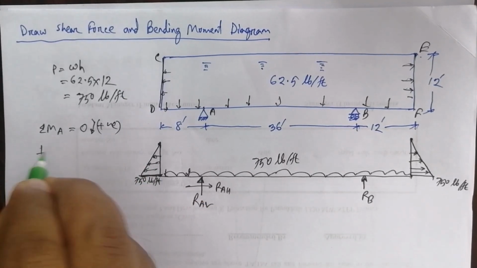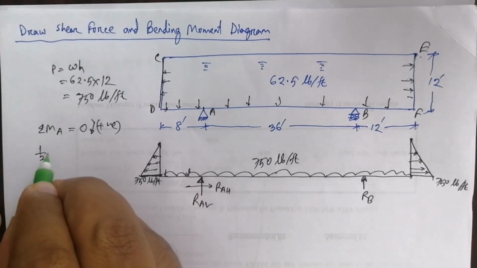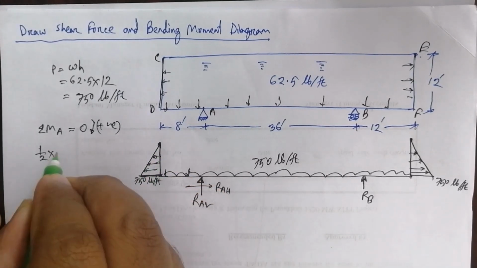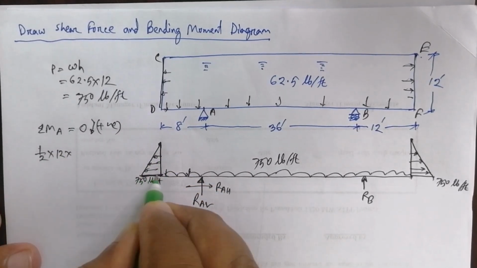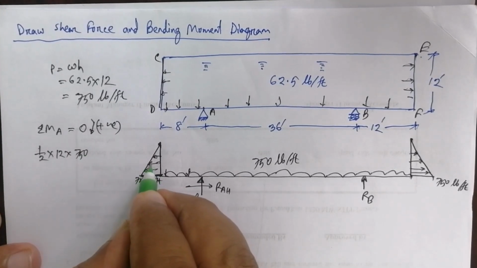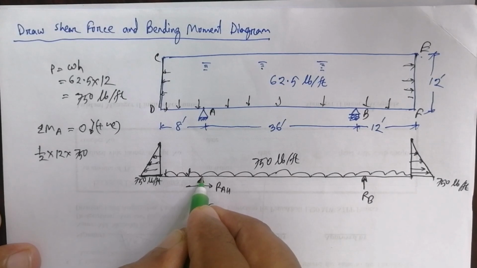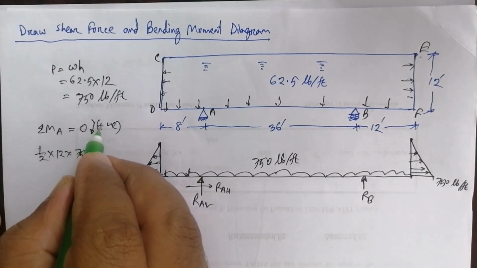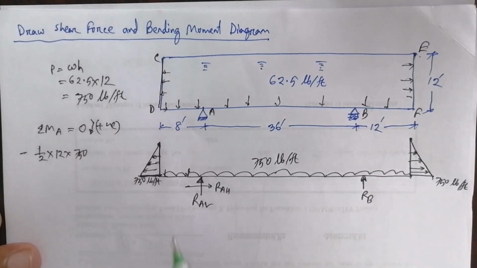This is half into the base, this 12, and the height, this 750, and this is in this direction. So for this point, this is anti-clockwise. So clockwise positive, anti-clockwise negative.